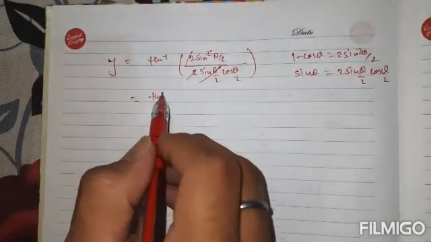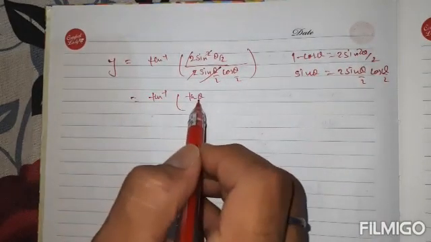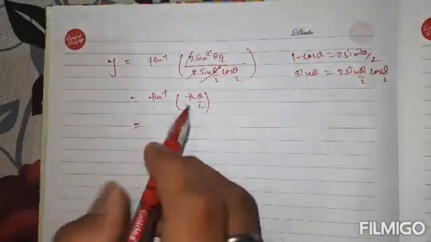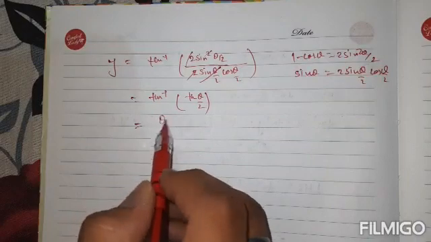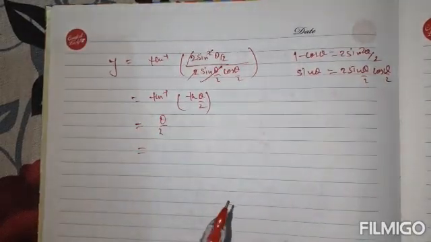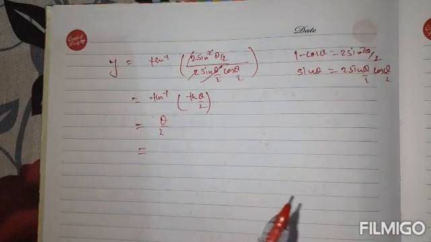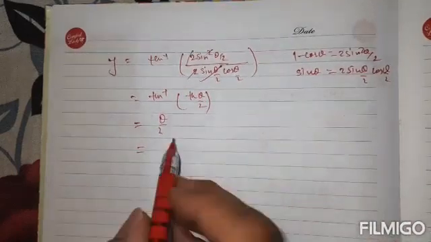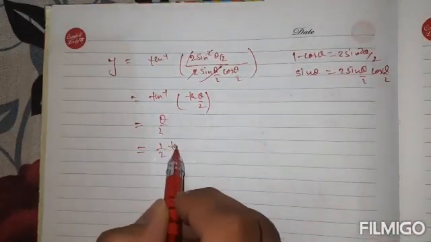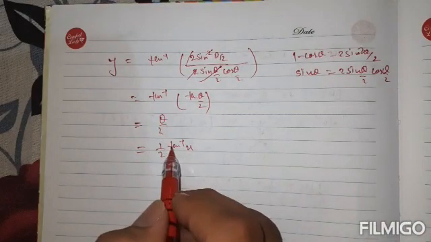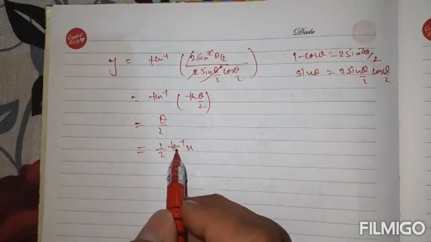So what remains here? Tan inverse of sin theta by 2 upon cos theta by 2, which is tan theta by 2. Tan inverse and tan are cancelled, and theta by 2 remains. Now just recall what substitution we had done: x as tan theta. So if x is equal to tan theta, then theta is equal to tan inverse x. So this is half tan inverse x, meaning we have substituted theta as half tan inverse x.